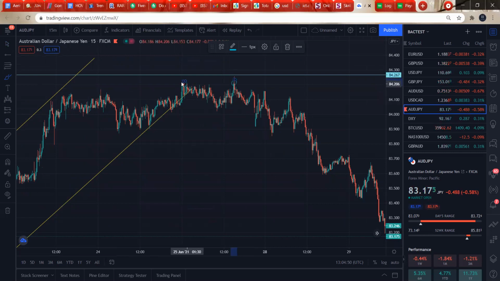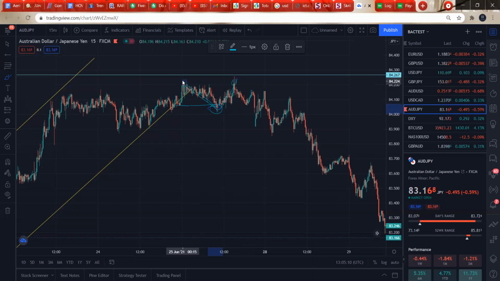The market broke out. It broke these lows here with this move. See this move, it broke these lows, which gave us the first signal that the market is going to reverse.